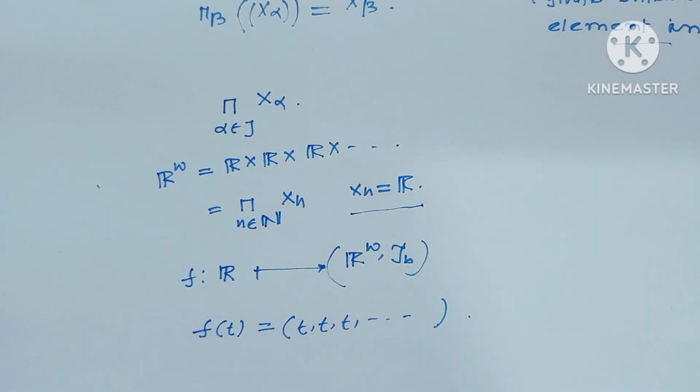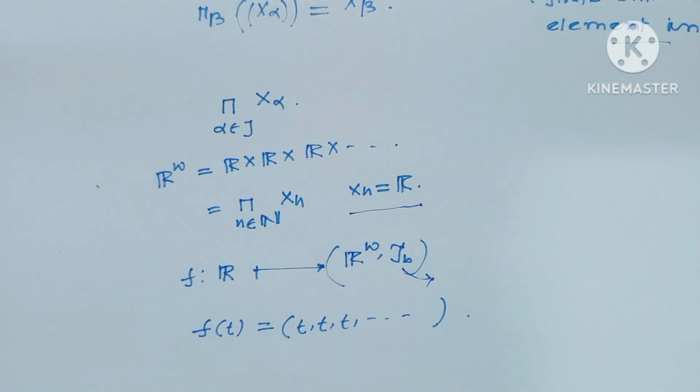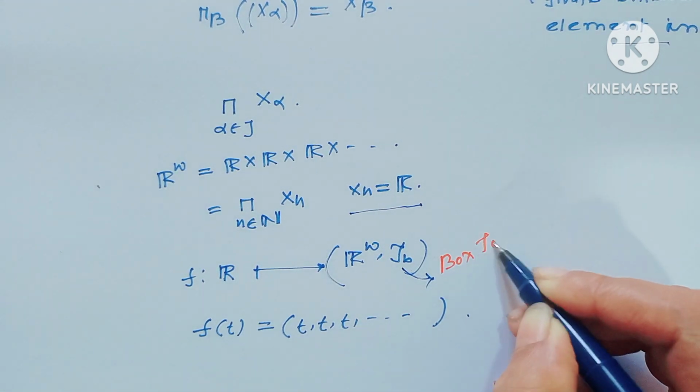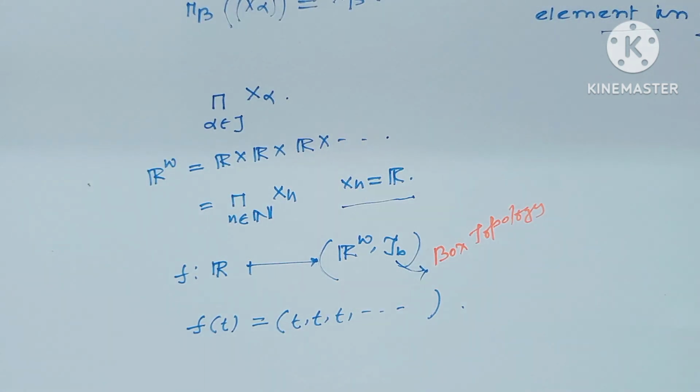Here τb denotes the box topology, and the mapping is f(t) equals (t, t, t, ...). Is this mapping continuous in the box topology?